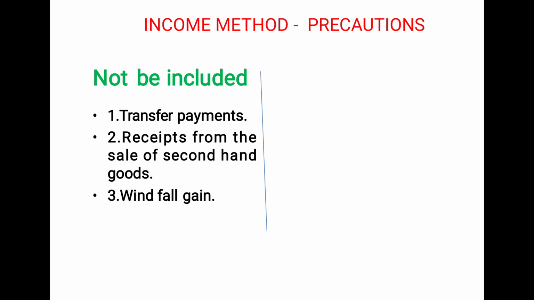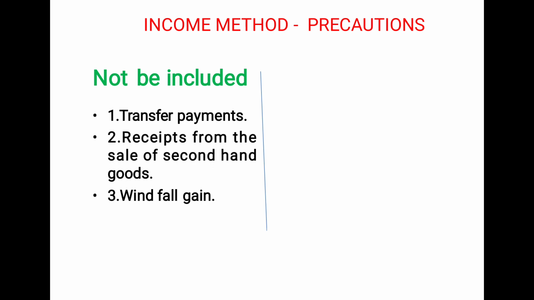When we are estimating the national income, there are some payments which we have to pay from the past, for example pension, insurance, some civil service benefits, then public health services. All these are transfer payments. This cannot be taken into consideration while we calculate the national income.